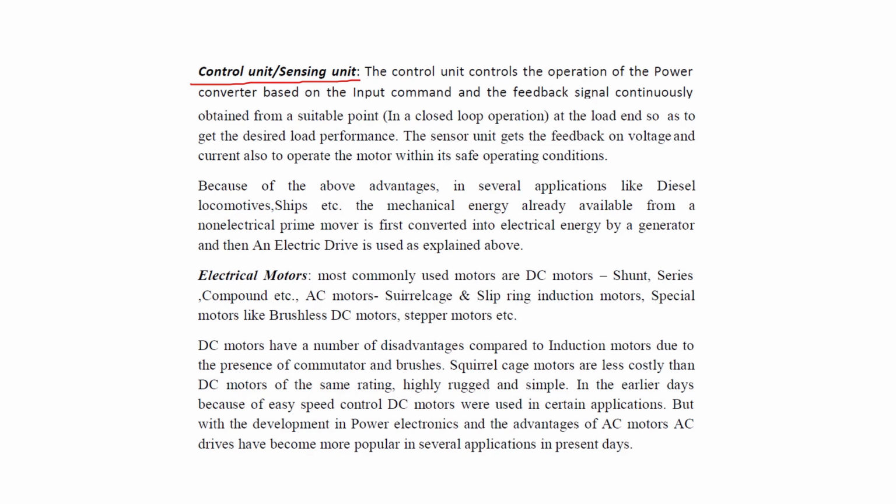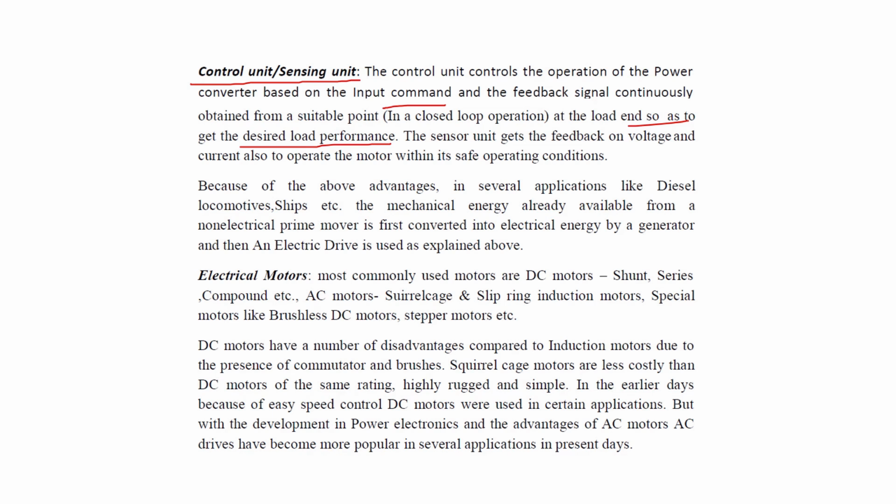The control unit controls the operation of the power converter based on the input command or feedback signal continuously obtained from suitable points at the load end, so as to get the desired load performance.